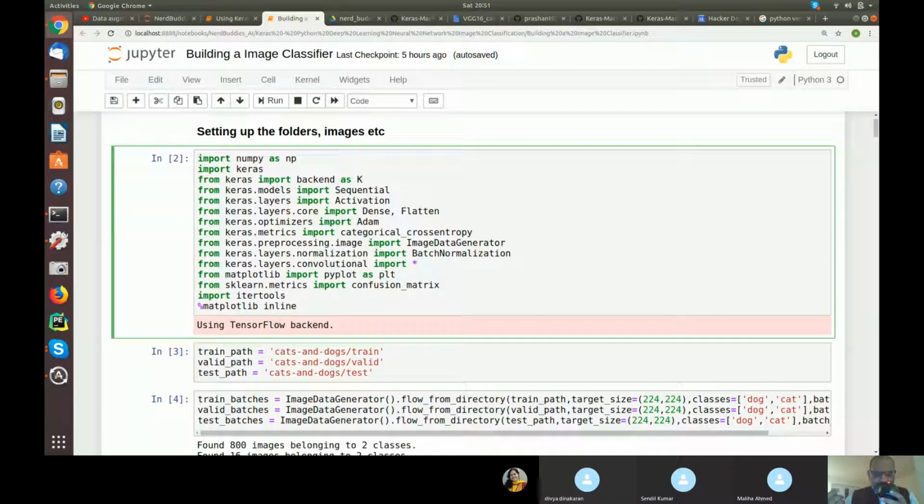So there's a label which we're trying to predict, and there's a prediction which the algorithm provides. The distance between these two is what we're trying to minimize.